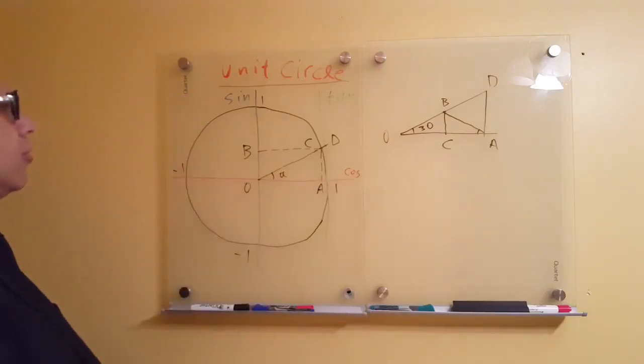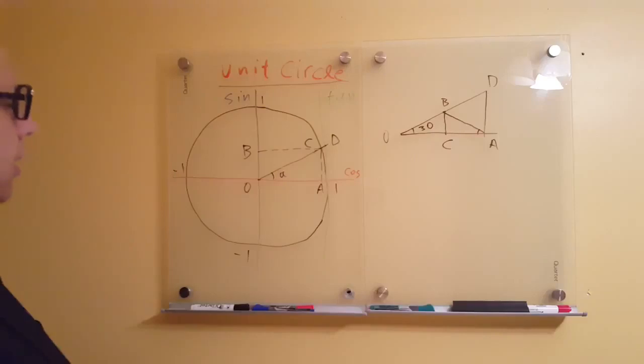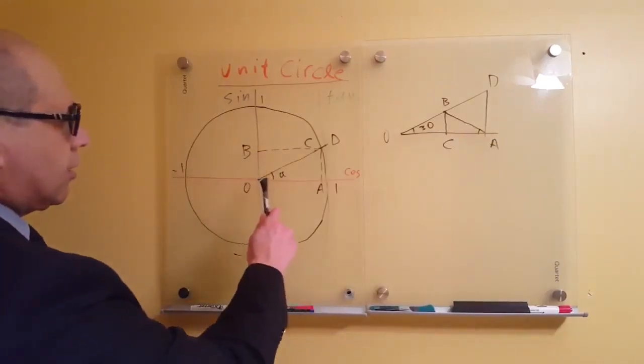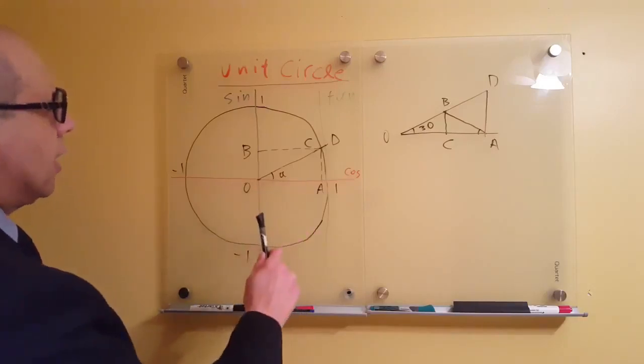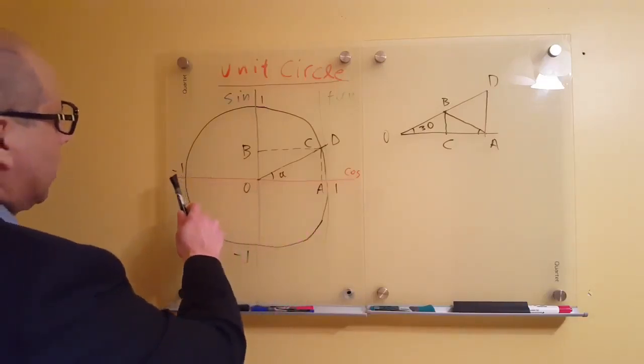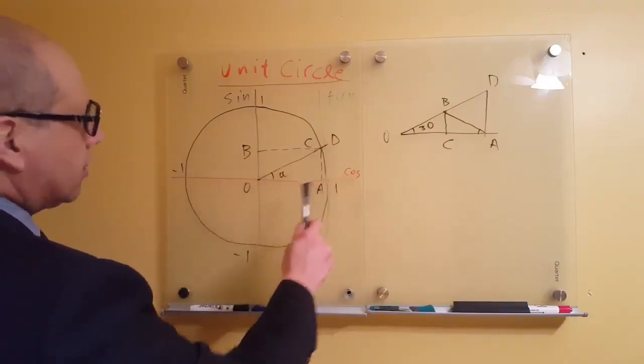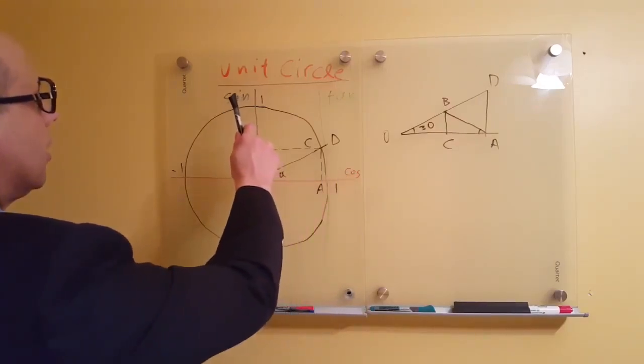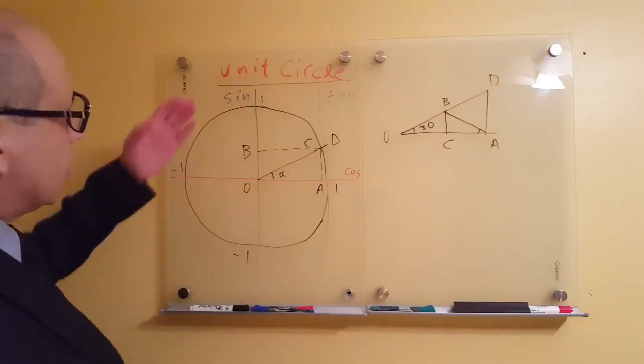As you can understand, the unit circle is a circle, as you can see here, whose radius is 1. On the x-axis we measure the cosine, and on the y-axis we measure the sine.